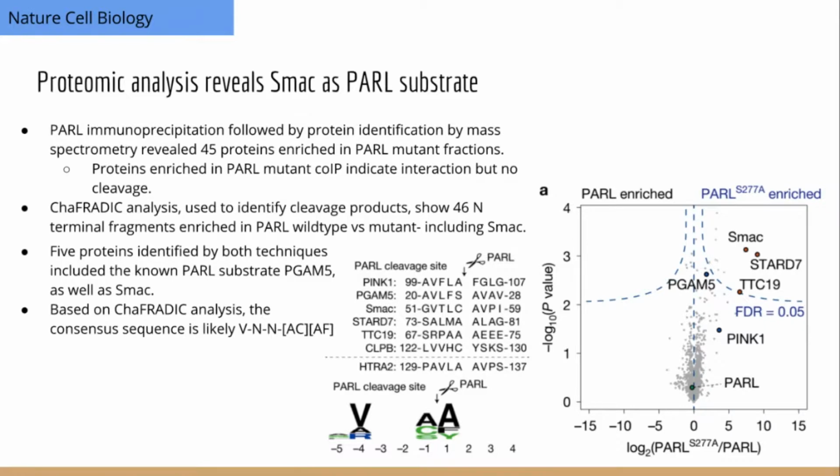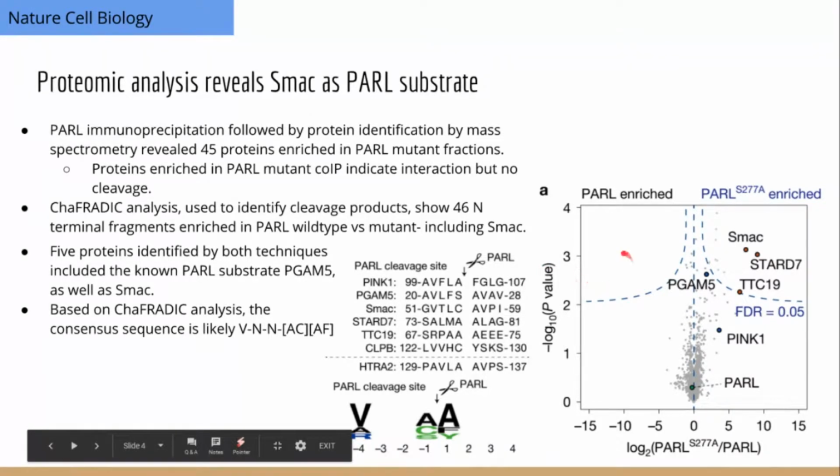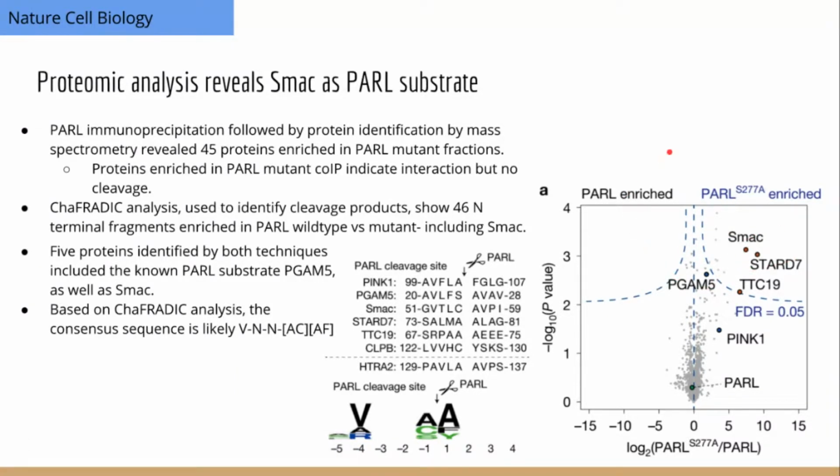This paper was originally based on this high-throughput, unbiased screen of PARL substrate specificity. And they conducted two cleavage product assays. First, they immunoprecipitated PARL, and they identified all of the proteins that co-immunoprecipitated with an enzyme-deficient PARL through mass spectrometry.